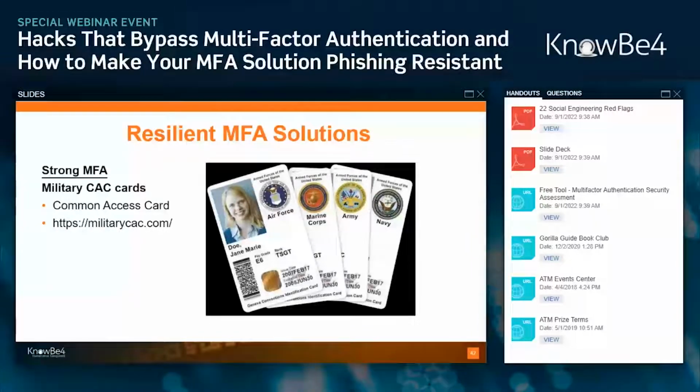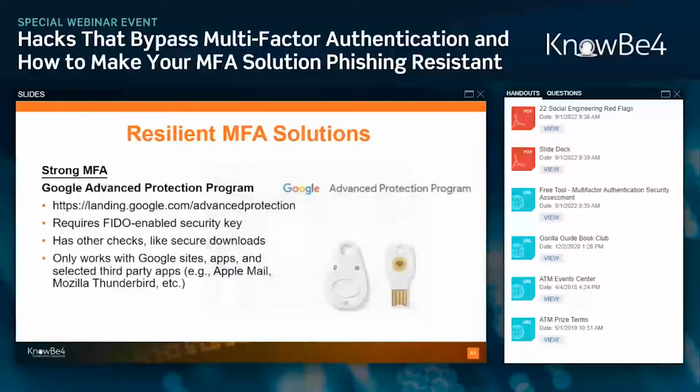So, smart cards, CAC cards, that sort of stuff, they're usually pretty good. The Google Advanced Protection Program is FIDO enabled. So it's interesting. You can buy a Google security key or a Google Titan key, and if they don't participate in the Advanced Protection Program, it's not necessarily phishing resistant, although they could be.